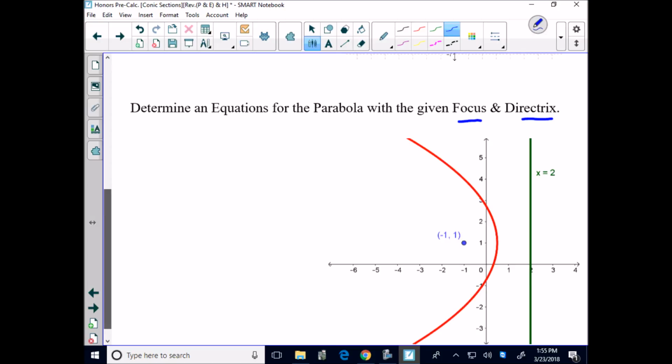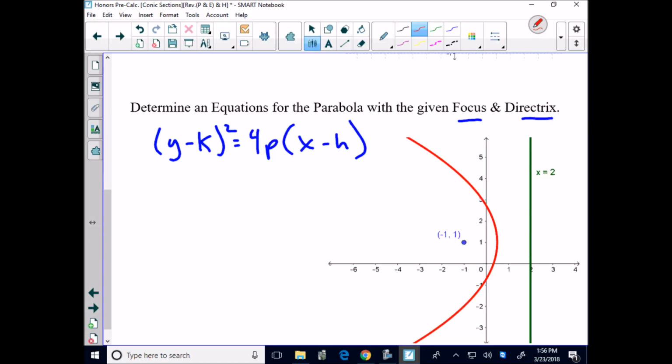So right here, you can see that this is opening horizontally, so we know it's going to be some y minus k squared equals 4p times x minus h, right? And we would basically want to pull the information that would allow us to fill in the k, h, and p values here for this equation. All right, guys, so I want you to pause the video here and take a look at these.